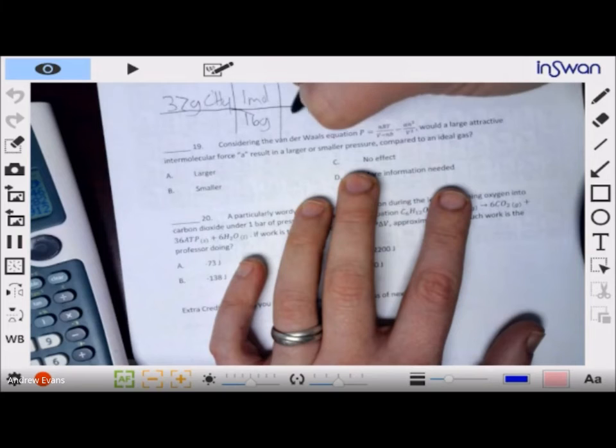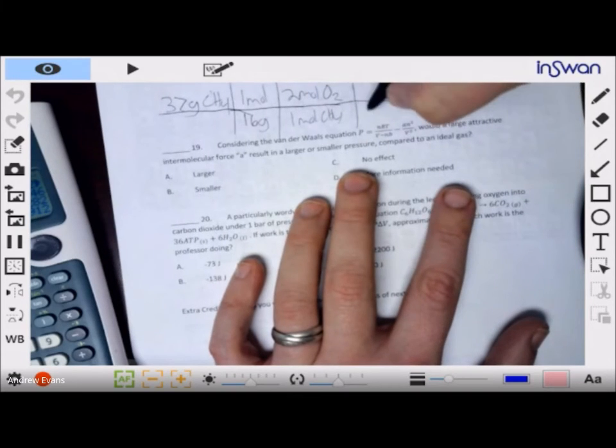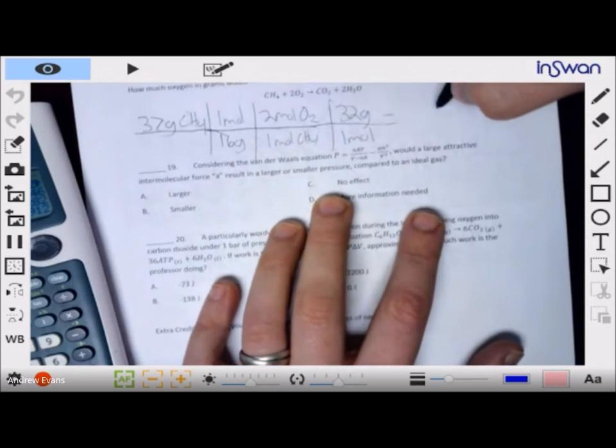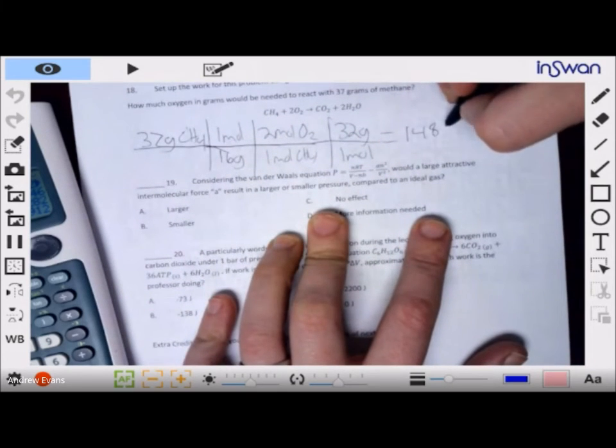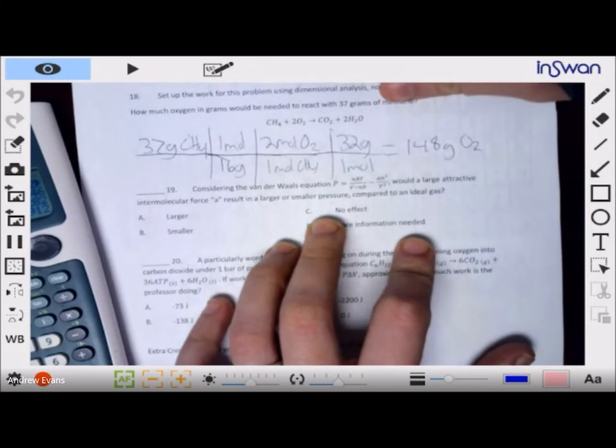For every 1 mole of methane, there's 2 moles of oxygen that will be needed. And for every 1 mole of oxygen, it would weigh 32 grams. That's all I asked for. If you went on to solve this and say this would weigh 148 grams of oxygen, that's great. But you don't need to do that for us.